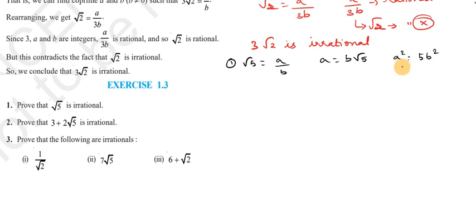So in the root 2 case, we were able to say that 2 divides a square. So likewise here we will be able to say that 5 divides a square. So if 5 divides a square, then we can say that 5 also is going to divide a. So this is not possible, okay.